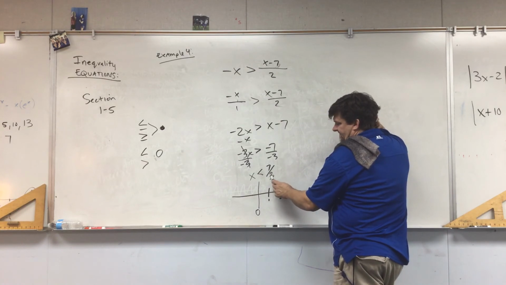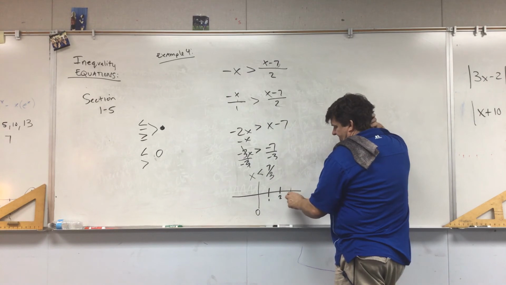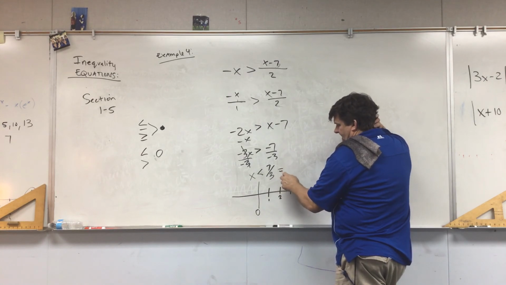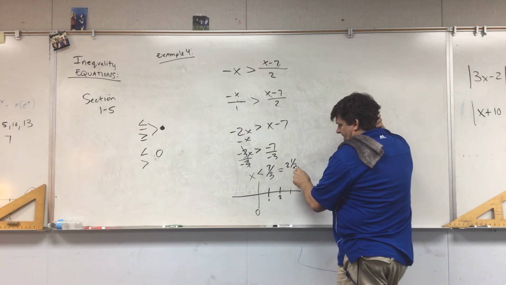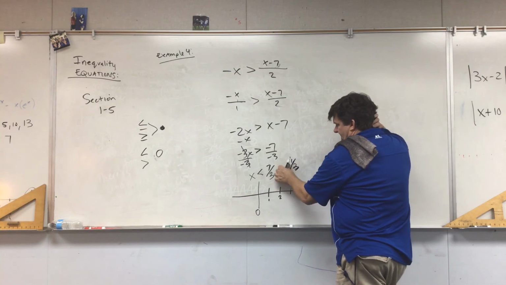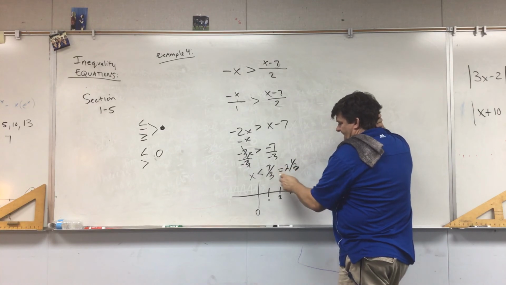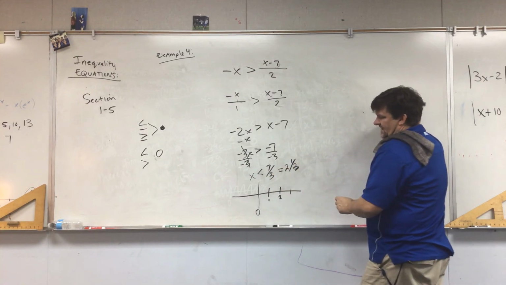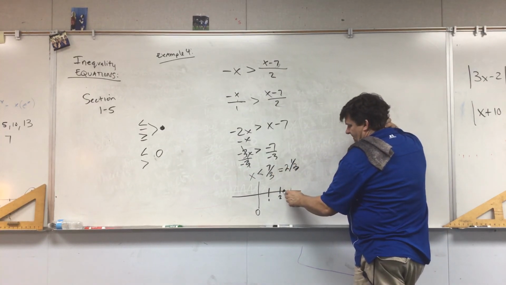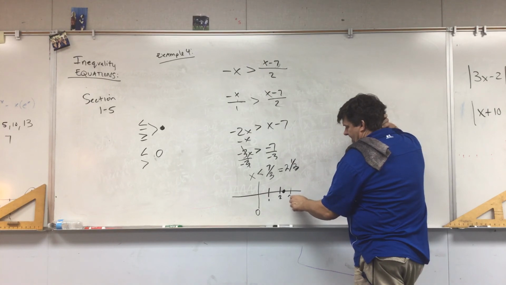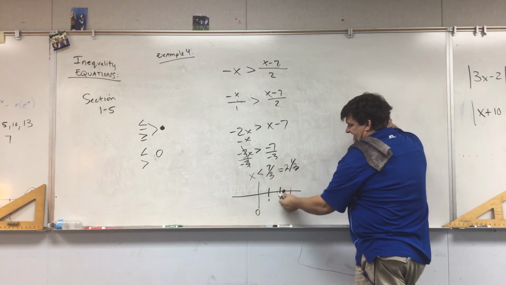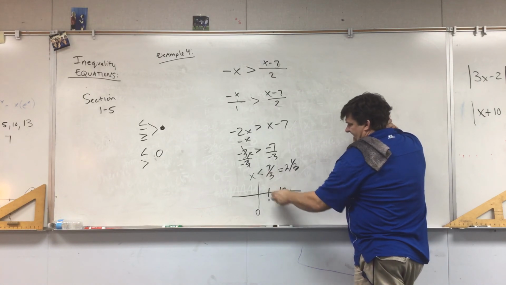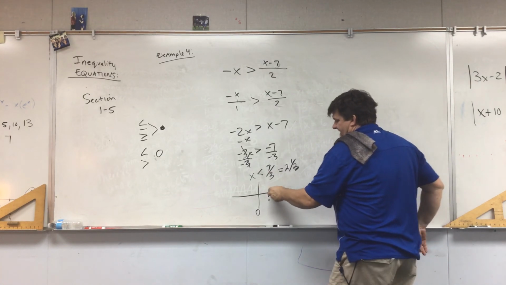So 2 times 3 is 6, with 1 left over, so it's actually 2 1/3, because I divided 3 into 7 and had 1 left over. So 2 1/3 goes right about there, but it's a less than, so I need an open dot, and I shade to my left.